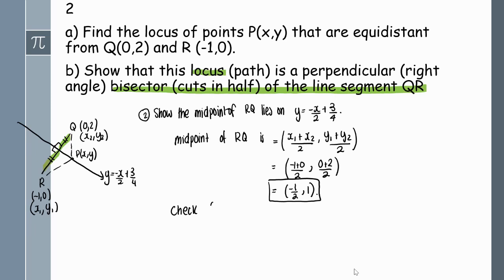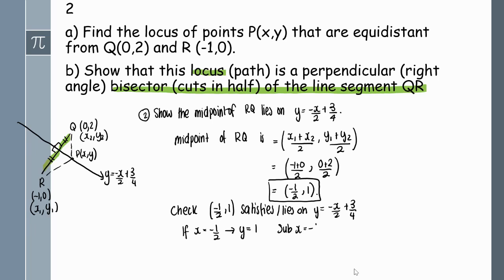Now, we've got to check that it lies on the line. So does -1/2, 1 satisfy y equals minus x on 2 plus 3/4? What I'm going to do is substitute the x value into my line, and hopefully we get y equals 1 when we do this. If we get y equals 1, then that point lies on the line.